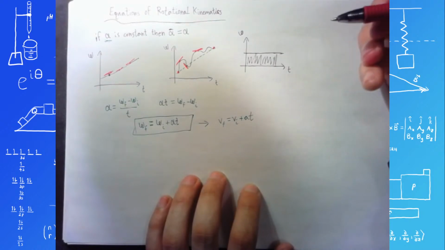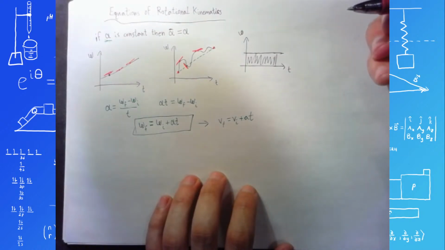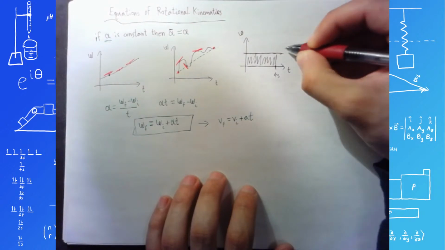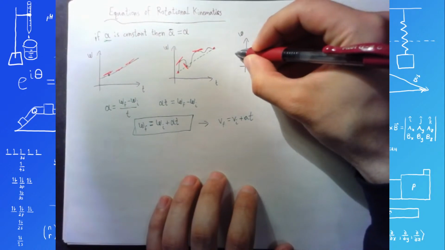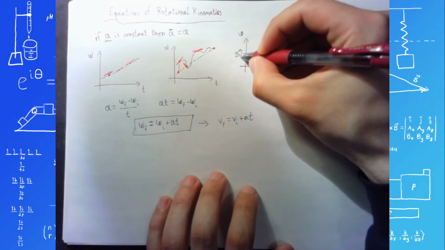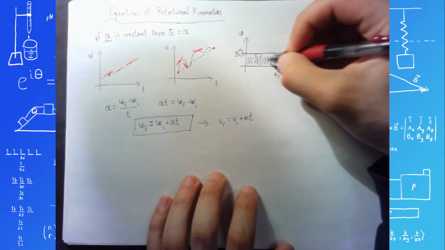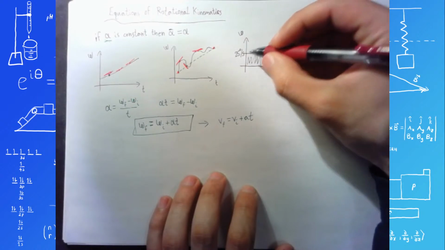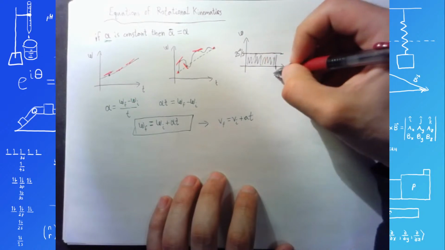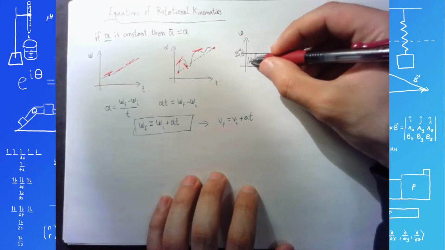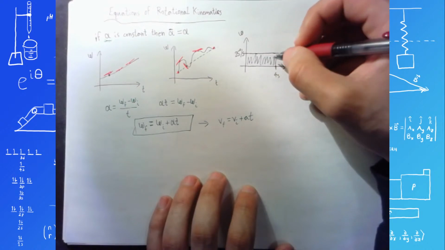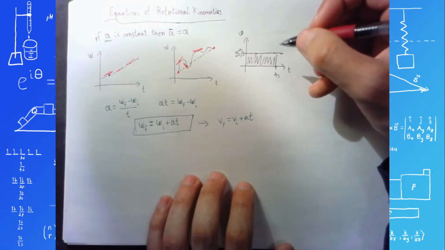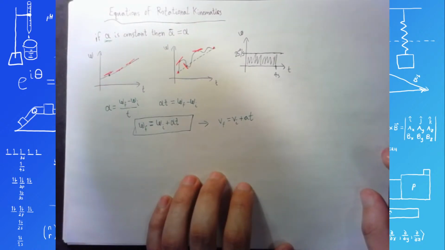If the angular velocity was 25 degrees per second for 4 seconds, then the area of this rectangle, its height is 25, its width is 4, and that would give you an area of 100, which is the 100 degrees that it would have rotated in 4 seconds.